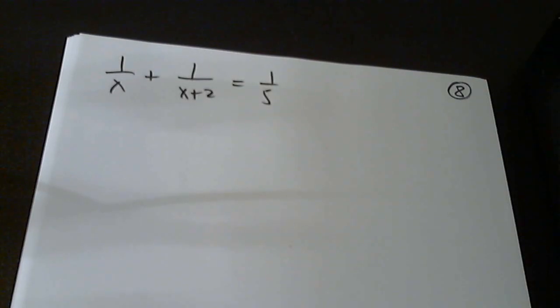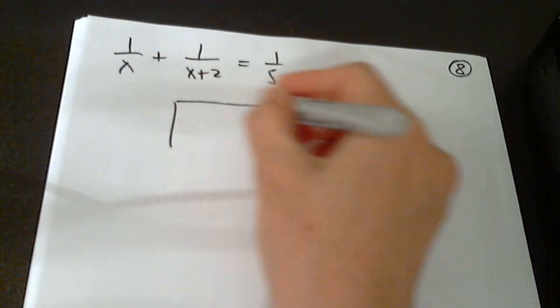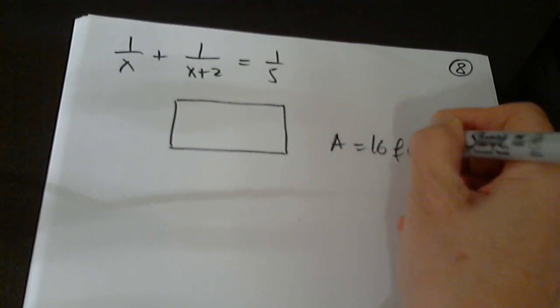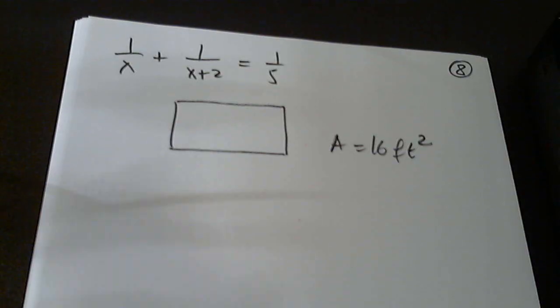The area of a rectangular wall of a barn is 16 square feet. So we have a rectangular wall, and the area is 16 square feet. The area of this rectangular, whatever that is, wall or something else, doesn't matter. Its length is 6 feet longer than the width.